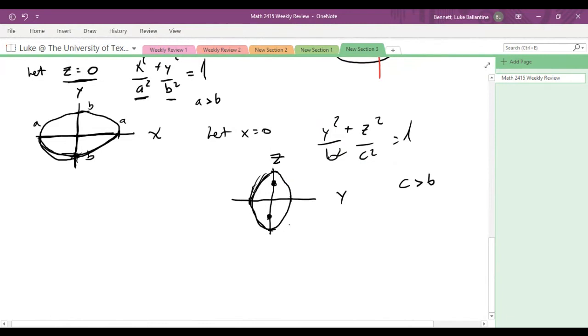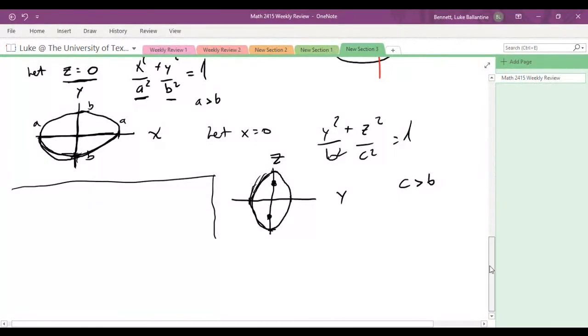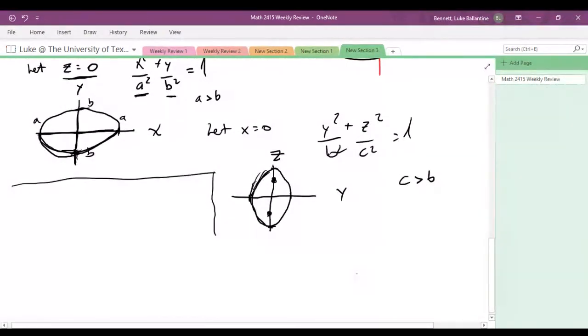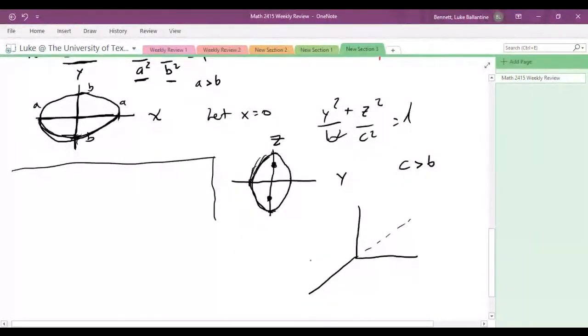Now we have paraboloid next. Let me draw a picture of what this ellipsoid might look like. I draw down here z, y, x. I made a greater than b and c greater than b. So if we do this, I do the negative axes as well.